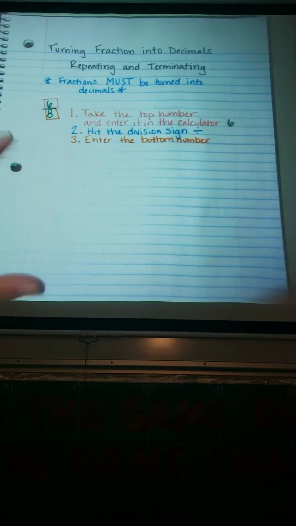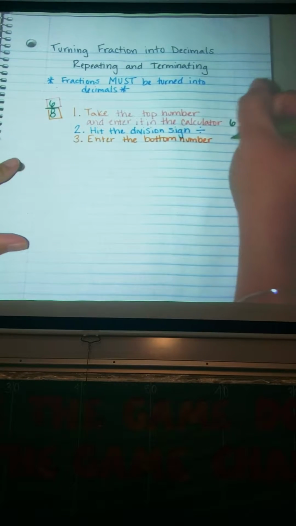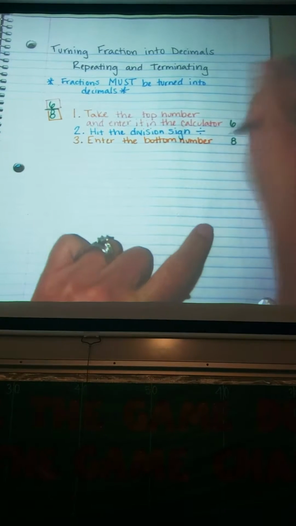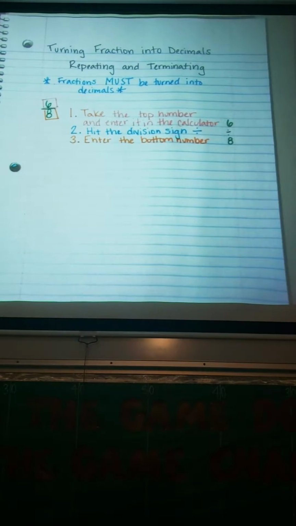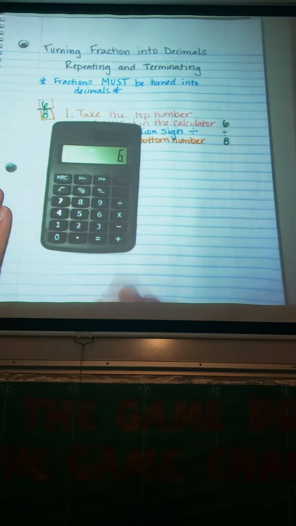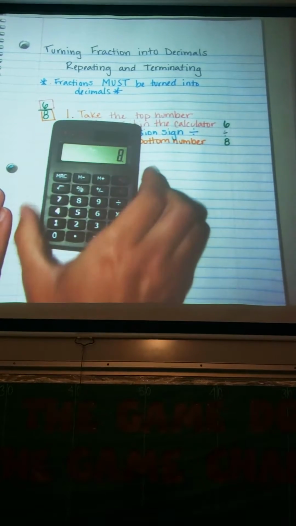Okay, so I'm going to enter that 8 in the calculator now. In between here, I hit that division sign. So I have 6 divided by, and I'm going to press 8. So now I have 8 on my screen.